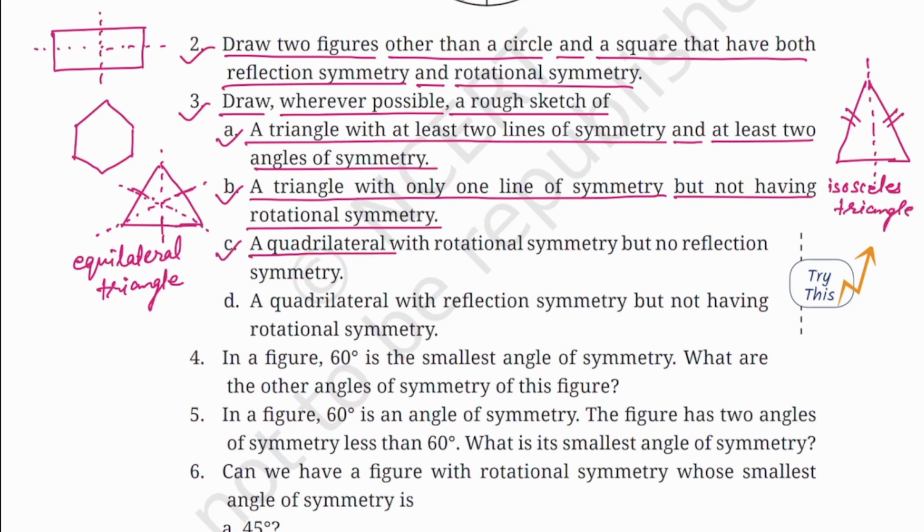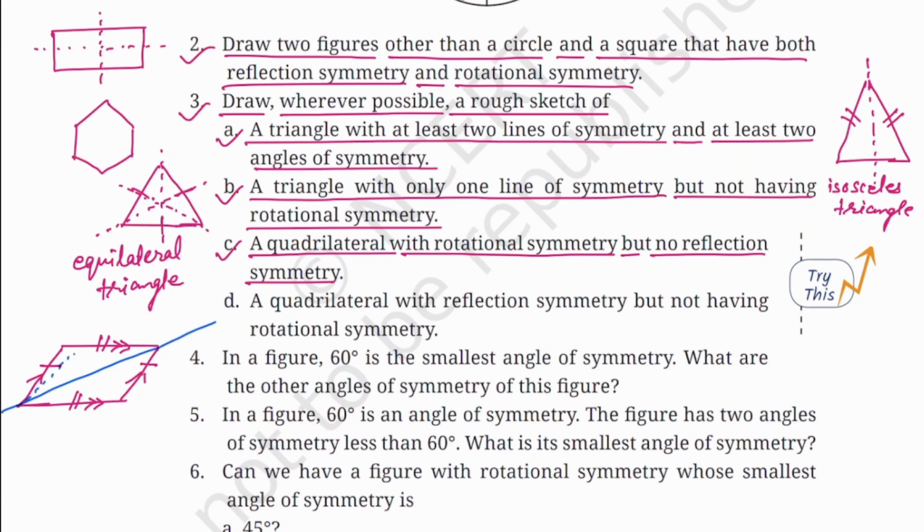C. A quadrilateral with rotational symmetry but no reflection symmetry. For this, you can draw a parallelogram whose opposite sides are parallel and equal. It doesn't have any line of symmetry.